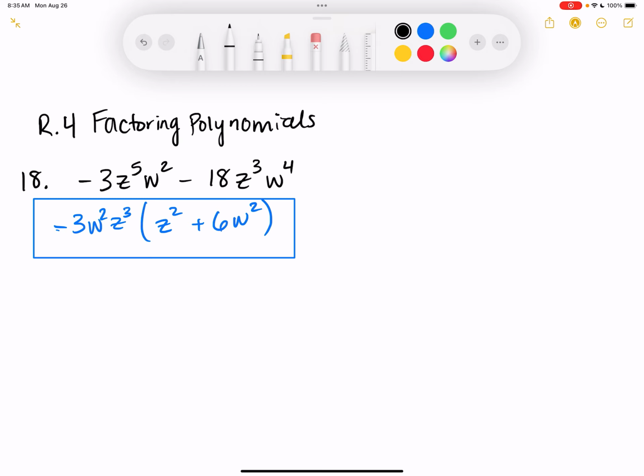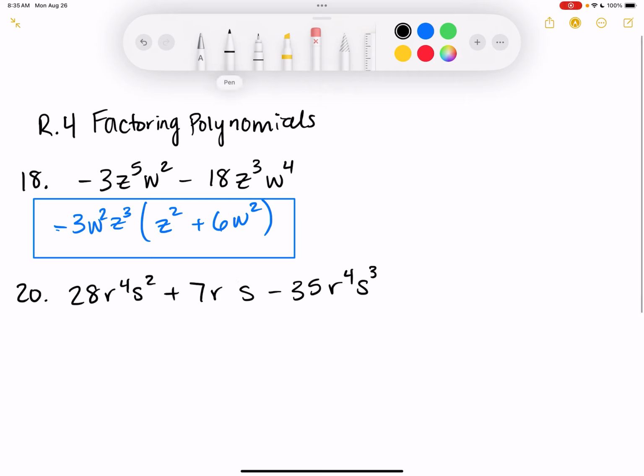Let's see. 20. 28 r to the 4th s squared plus 7 r cubed s minus 35 r to the 4th s cubed. So now I need to find the greatest common factor between all three pieces.